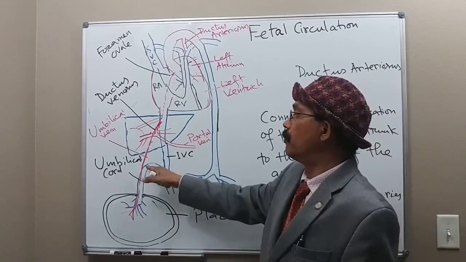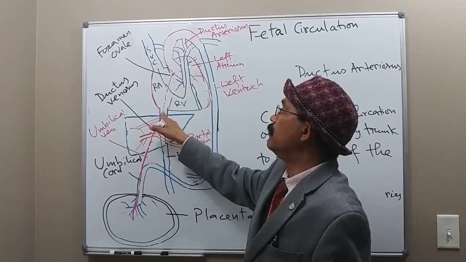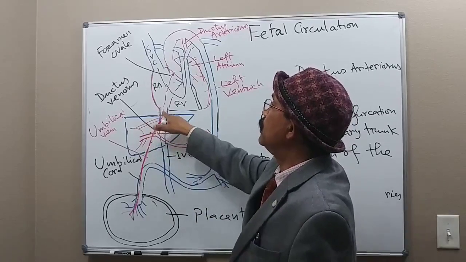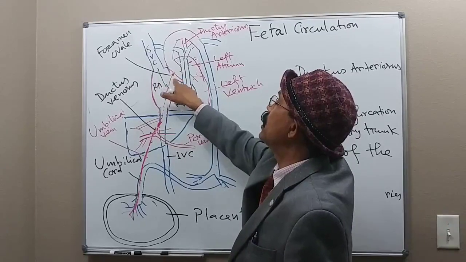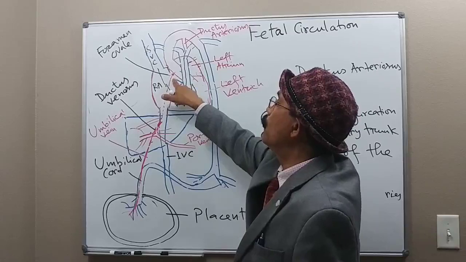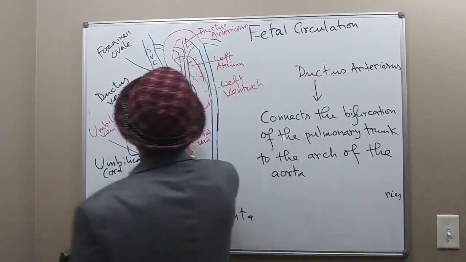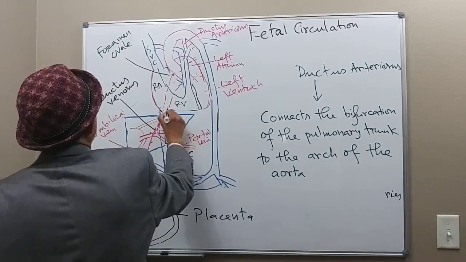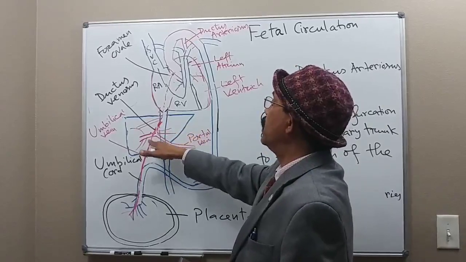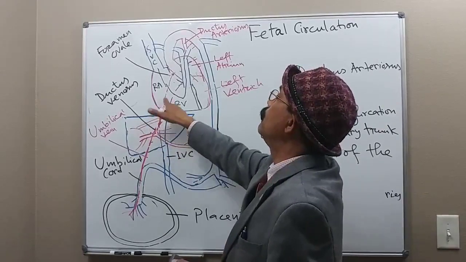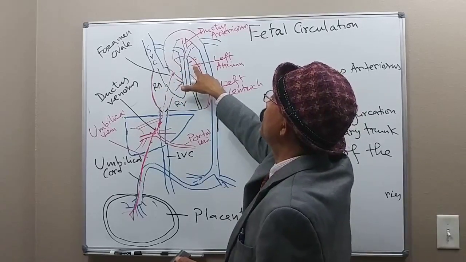Inferior vena cava blood will go to the interatrial septum. There is a gap called the foramen ovale, and the inferior vena cava during fetal life has a valve, the valve of the inferior vena cava, that guides the blood of the inferior vena cava through the foramen ovale to the left atrium.